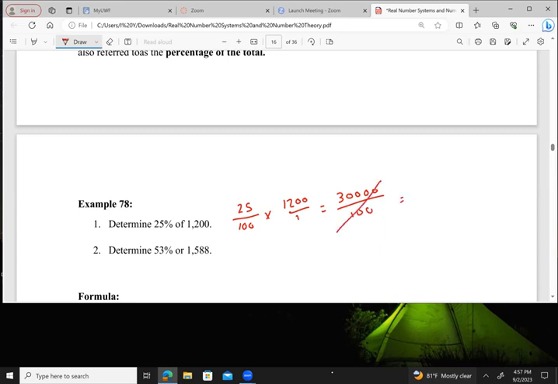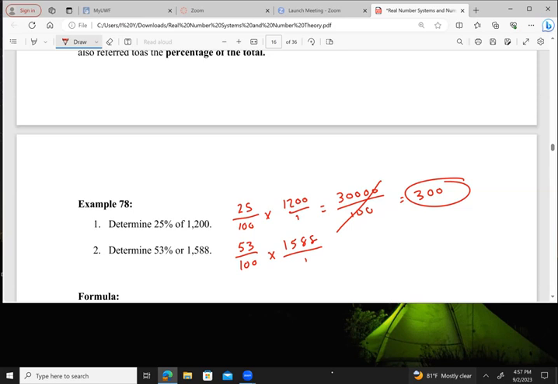So we know it is 300. We can factor out 100, both of them. Okay, how about 53%? 53 times 100 over 100 times 1,588 over 1.